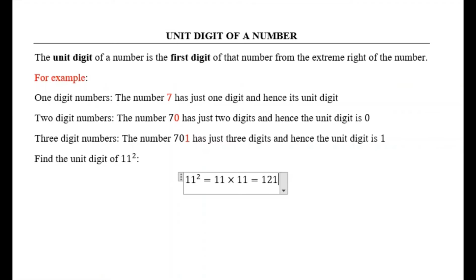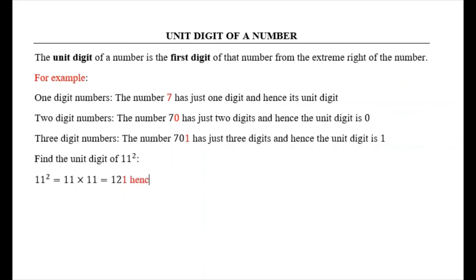So you see that you're able to express 11 squared in the linear form, not as an exponent or a power. Since I can express it as 121, then I clearly see that the unit digit is going to be 1 according to our definition, the first digit from the extreme right.